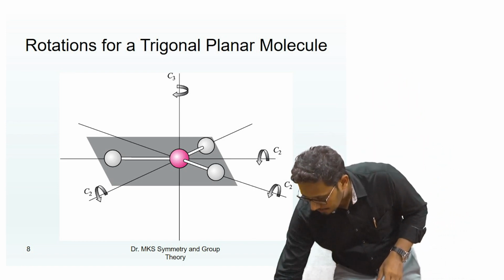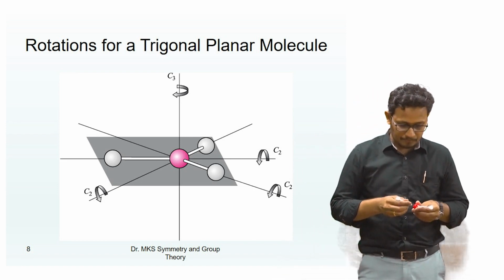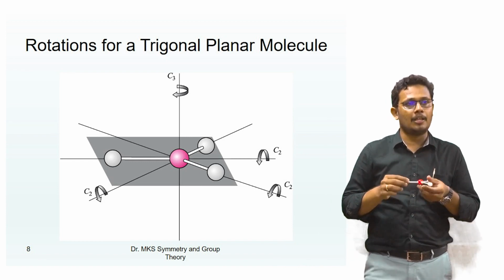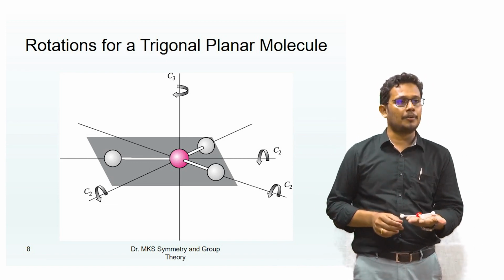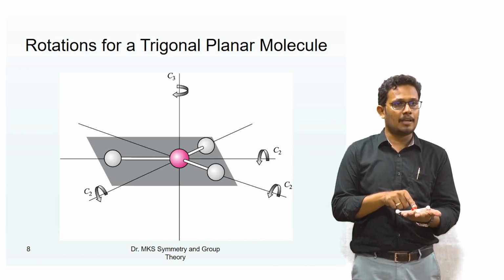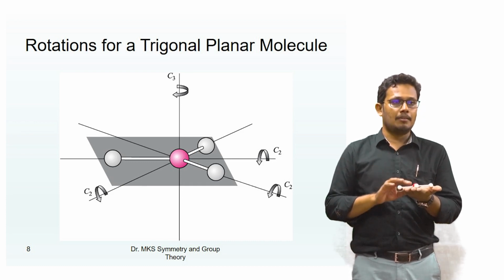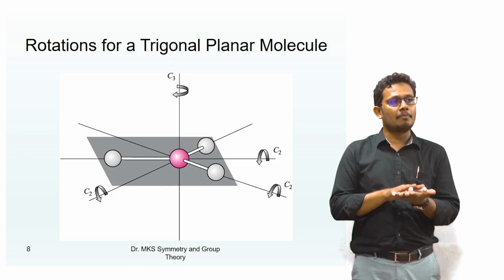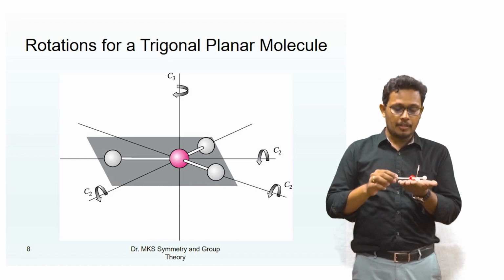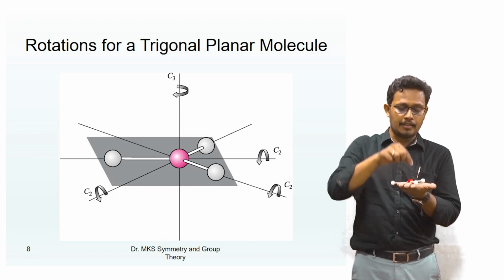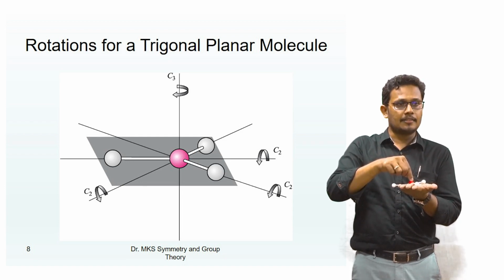Consider another example: the BF3 molecule, a trigonal planar molecule. This molecule has a horizontal plane. What is a horizontal plane? Here we have the rotational axis, right?